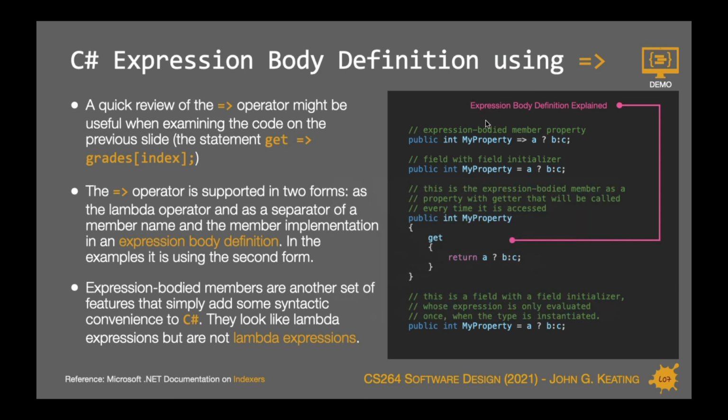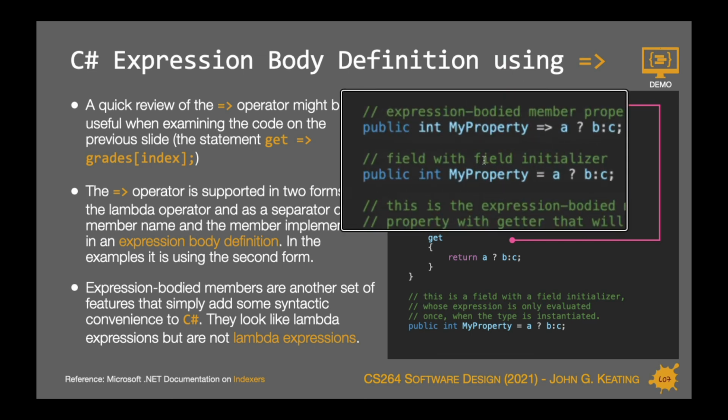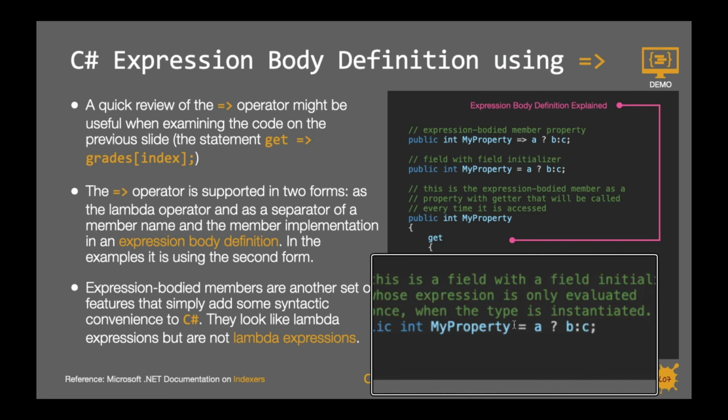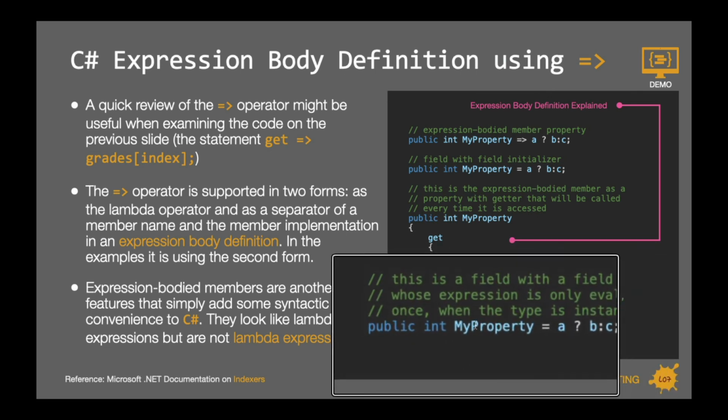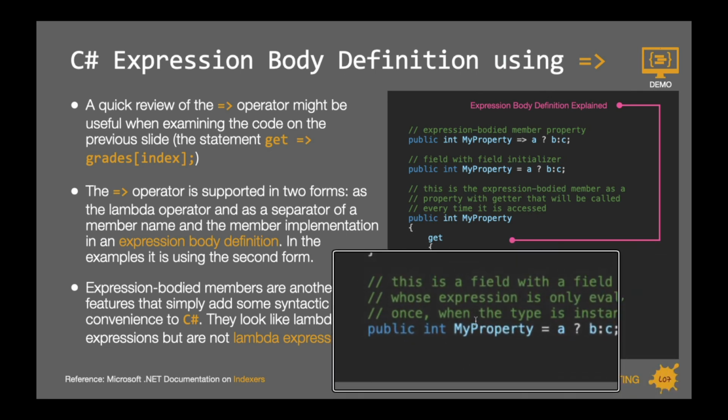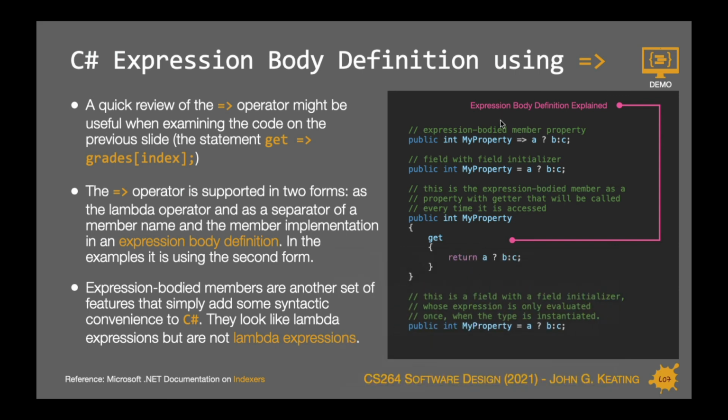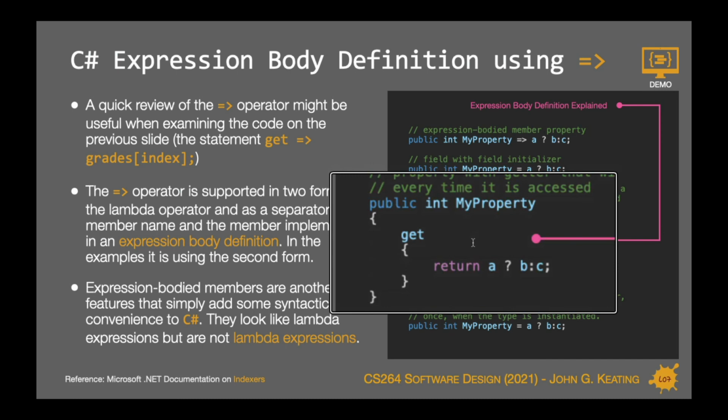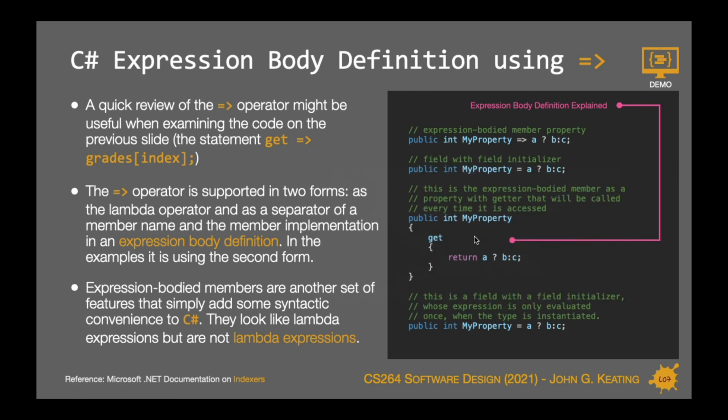And the expression body member will be called every time it's accessed, but this was just a field initializer, and that will only be evaluated once and assigned to that value, and then every time you access that value, you just get the value that was assigned to it initially. Okay? So this is a way of generating some code, shorthand, that allows you to do this. This is explaining this for you.